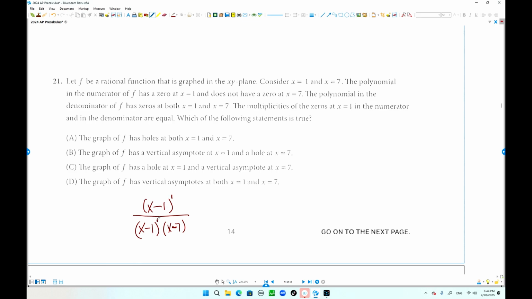This is 1, this is 1, right? So from here we get some idea. This is cancelled out, so there is a hole at x equals 1. After we cancel out, we have only the denominator x minus 7. If this is 0, x equals 7, this is a vertical asymptote. Option C is the answer.